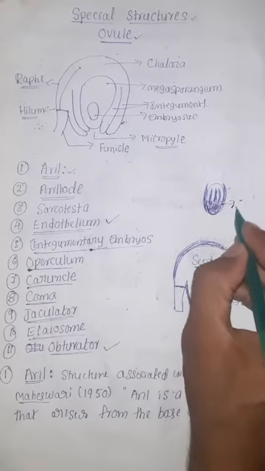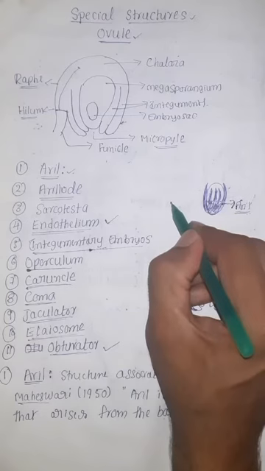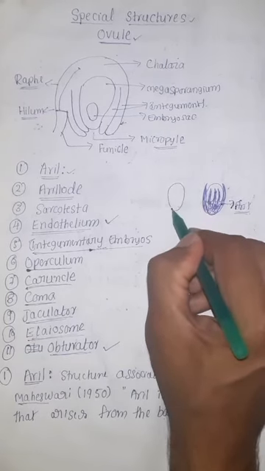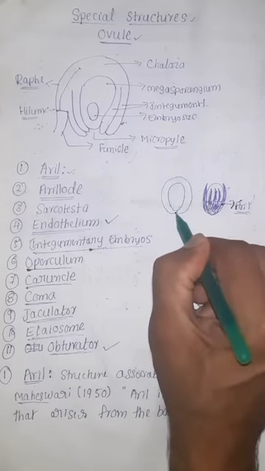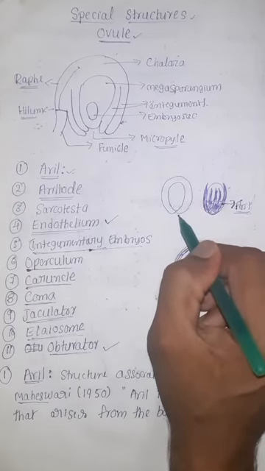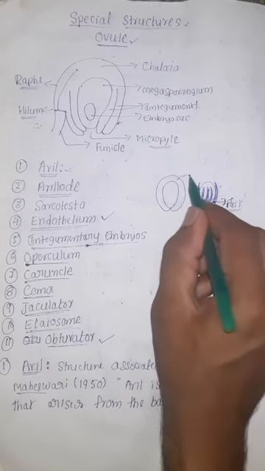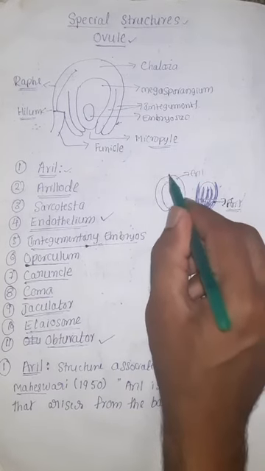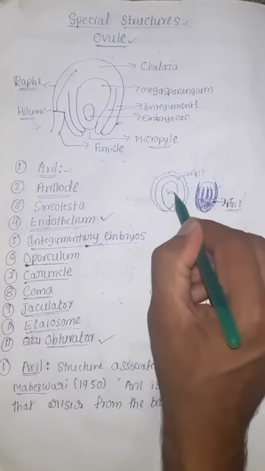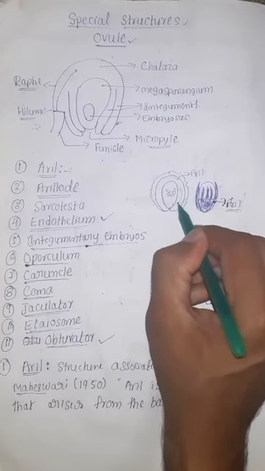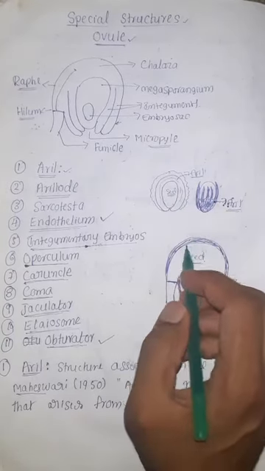Okay, this is aril. In the lychee, the best example, we can see aril very clearly. Whatever we eat or prepare as juice from the lychee is nothing but aril. This is the outer fruit coat, this is the seed, this is the aril in lychee fruit.